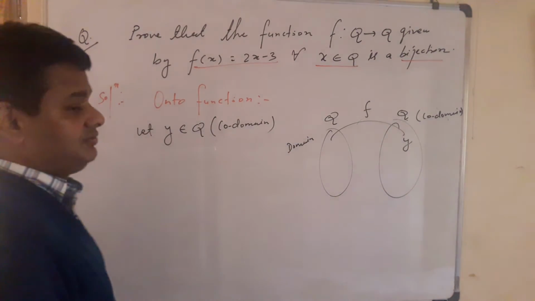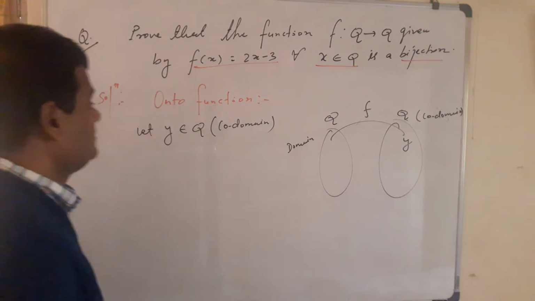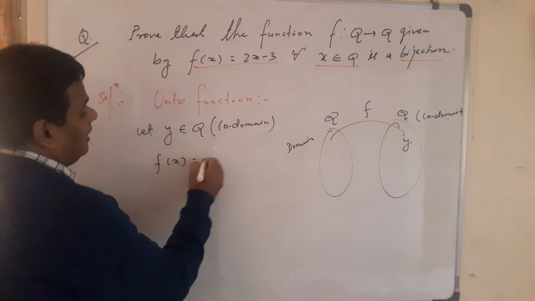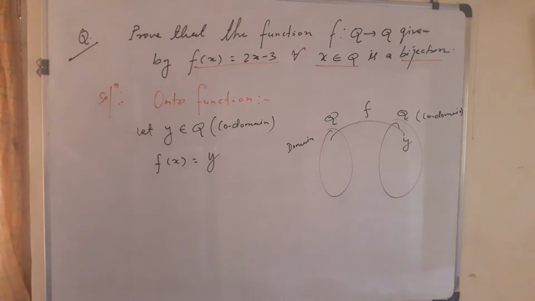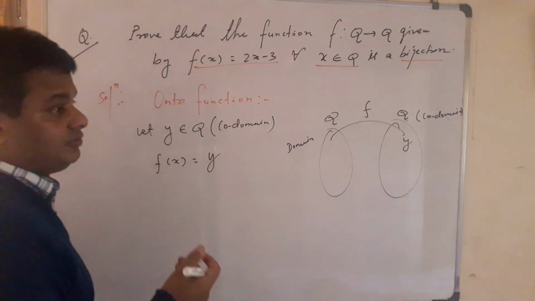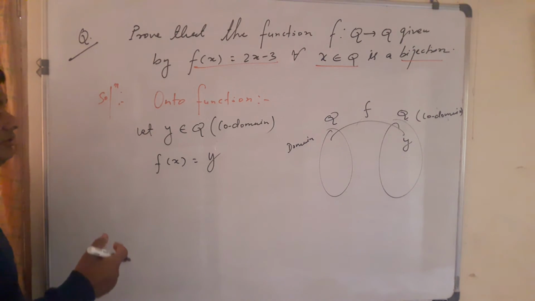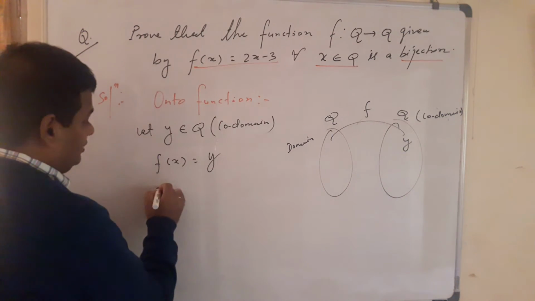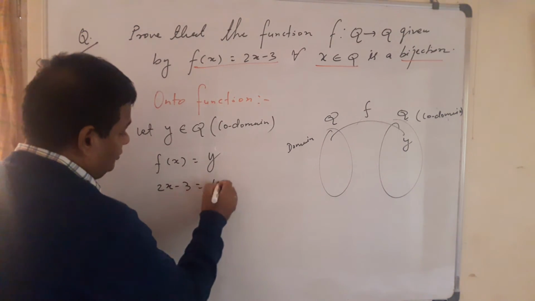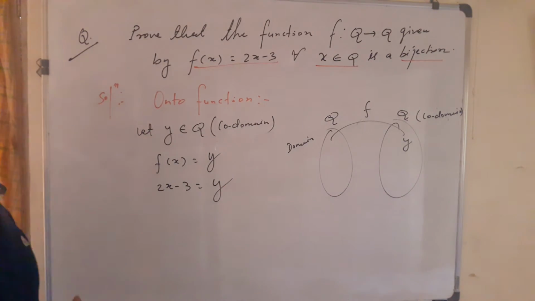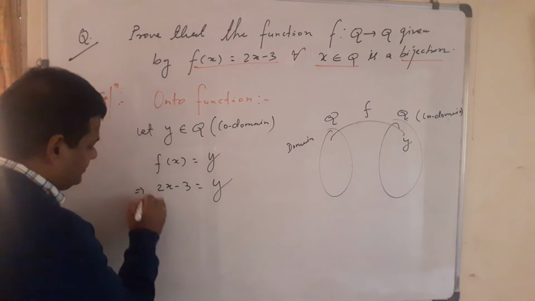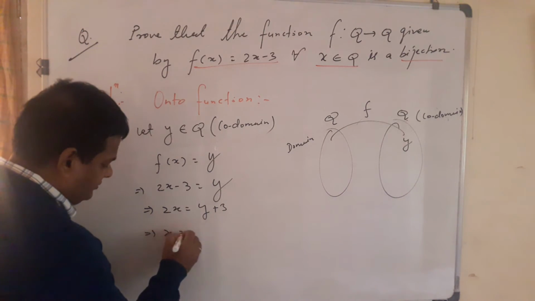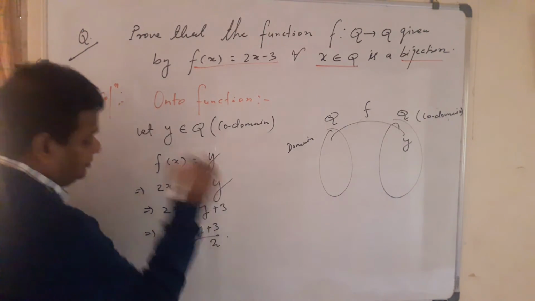Now we have to prove that this is an onto function. For this we take f(x) equal to y, and find the value of x in terms of y. So f(x) = 2x + 3 = y. So 2x is equal to y minus 3, which implies x is equal to (y minus 3) by 2.